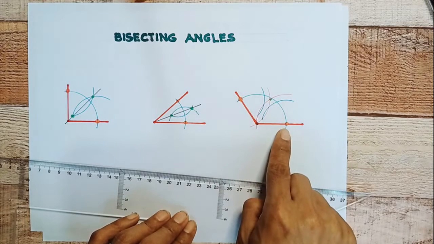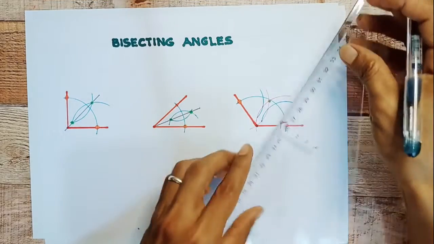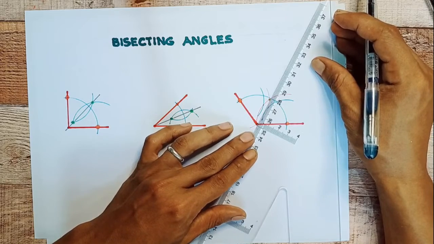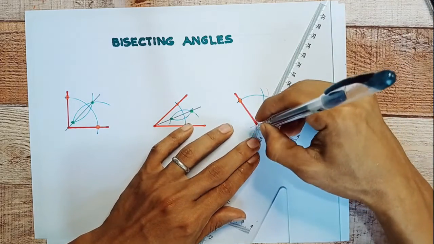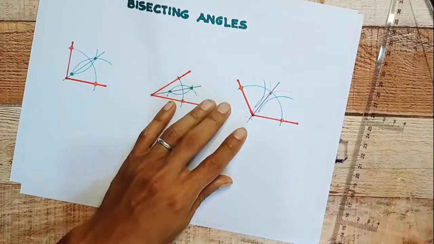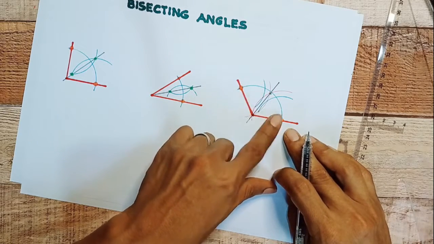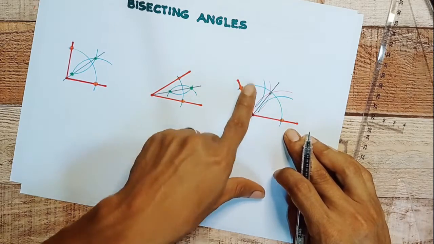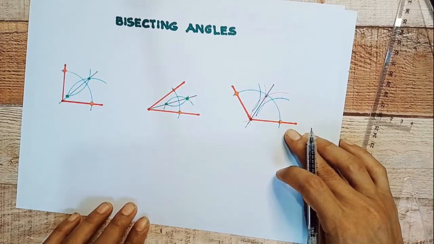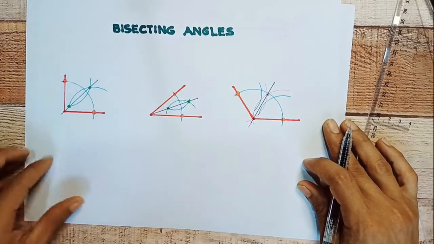Then we score our line. There. Like so. So now we do have one half of our angle. So that's how we do bisecting our angles. Got it?